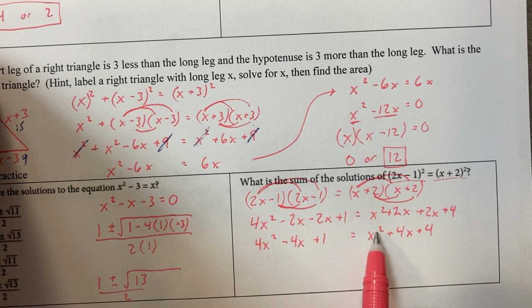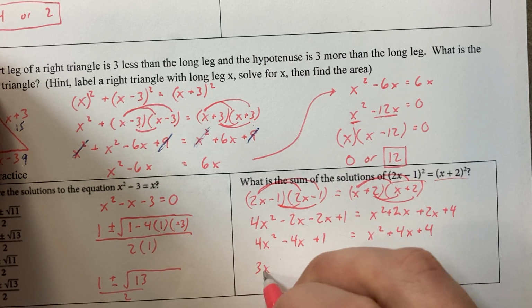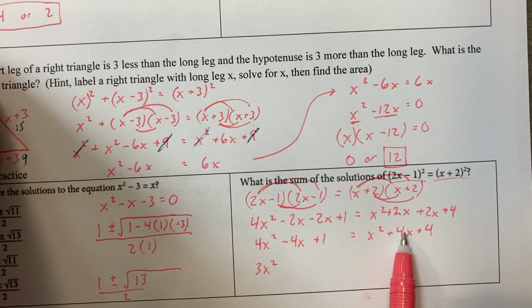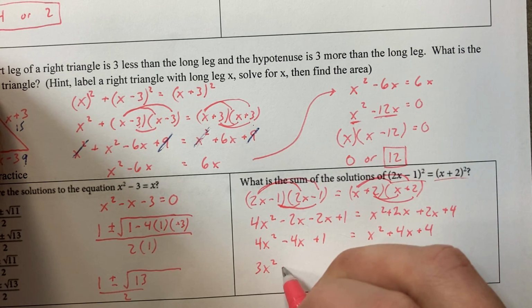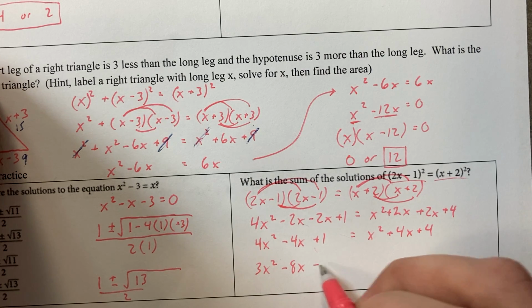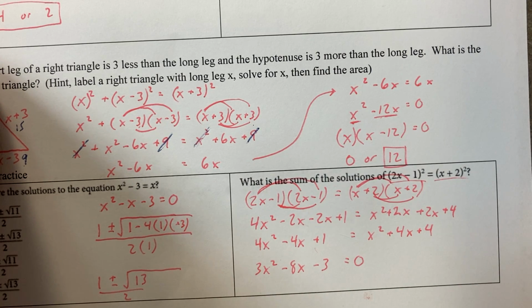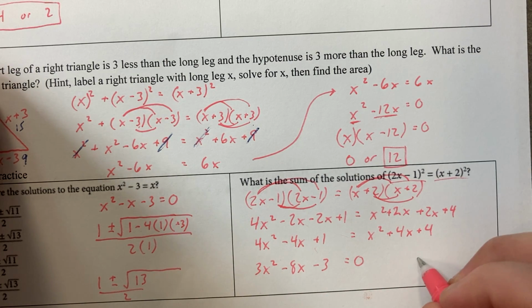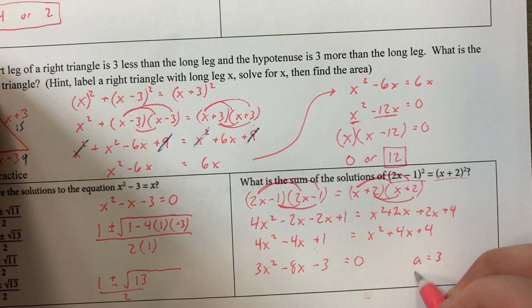I'm going to subtract. I'm going to subtract. And I'm going to subtract. Okay. Now that I got that, I can see that my A equals 3, my B equals negative 8, and my C equals negative 3.